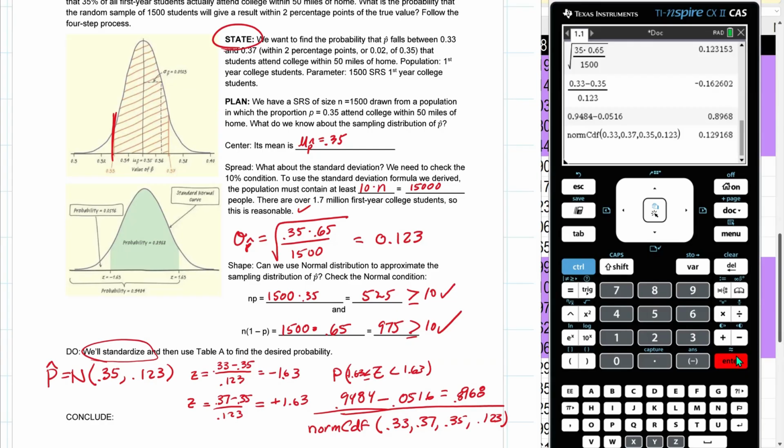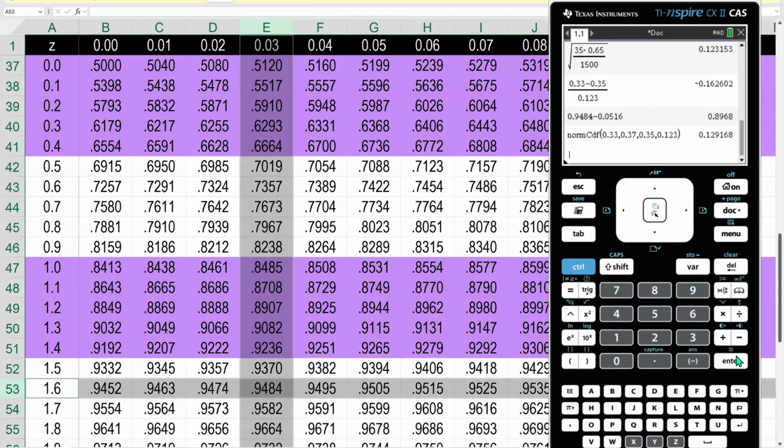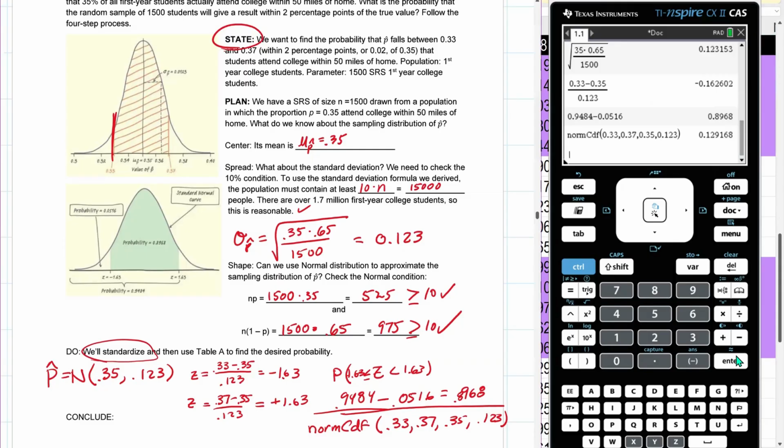That number doesn't match at all, does it? Why is that? Did I pull the wrong numbers out of the table? 1.63, no, that looks good. Upper, lower. Do I have the right standard deviation? Oh, I have the wrong standard deviation.